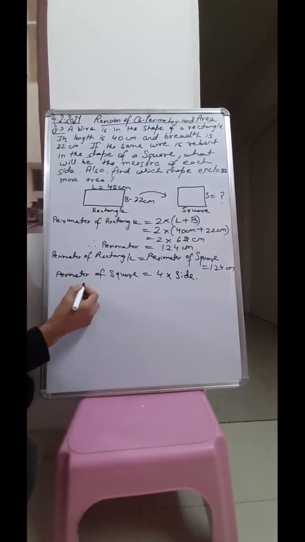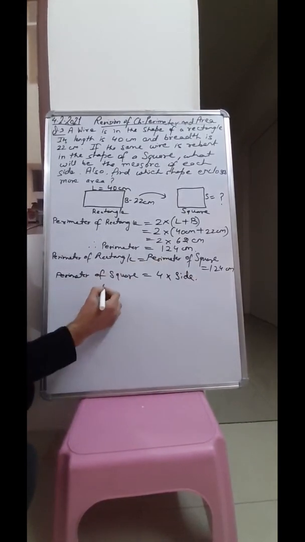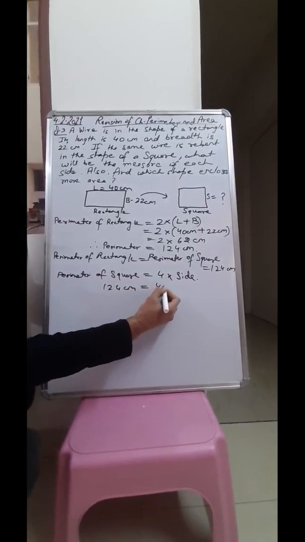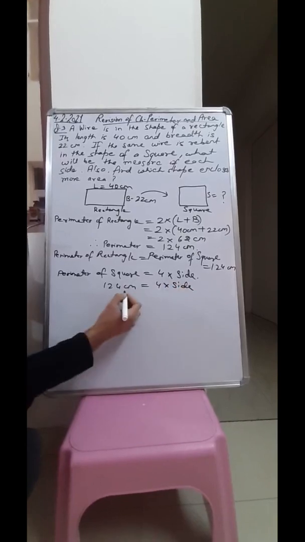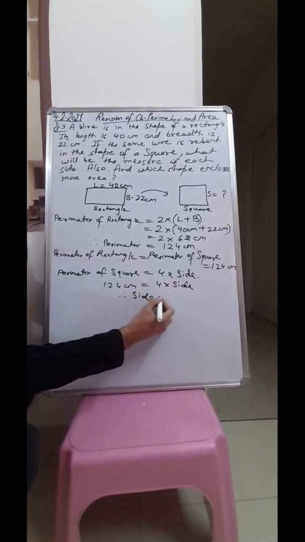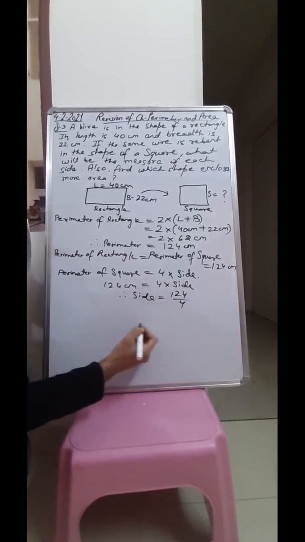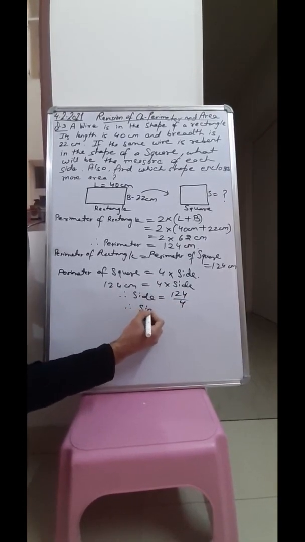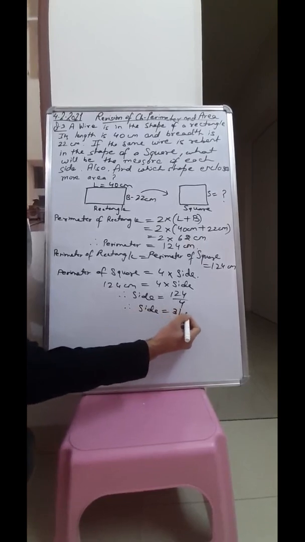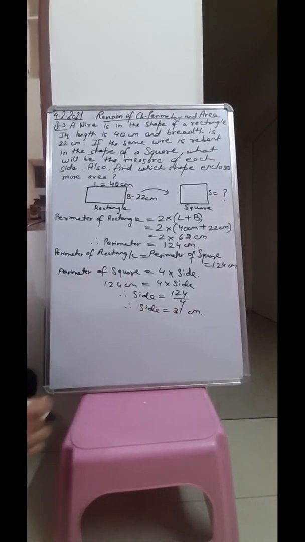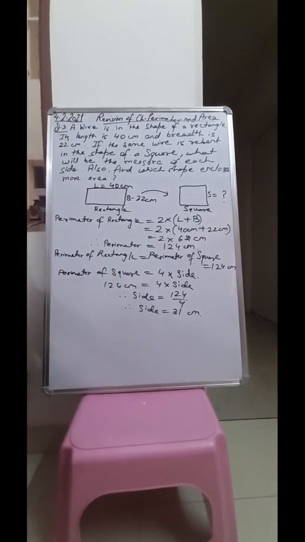The perimeter is 124 centimeter, so 124 equals 4 into side. Therefore side equals 124 upon 4, so the side will be 31 centimeter. In this way we find the side using the formula of the perimeter of a square.